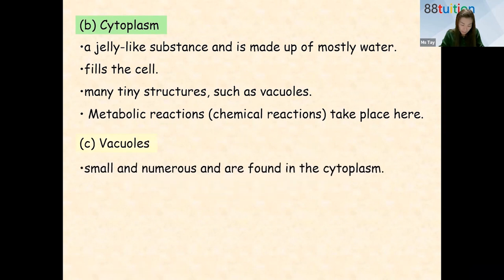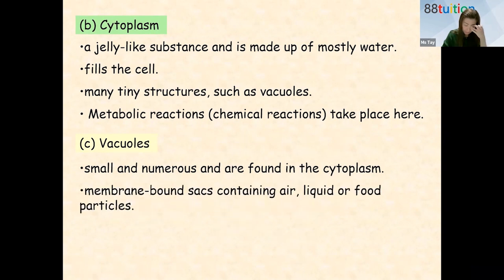Vacuoles, what are they for? Take note, there are so many of them, small and numerous. This is something very different from the plant cell, which you will see later. Now, they are membrane-bound sacs, so they are covered with a layer of membrane. They can contain air, liquid, or food particles.